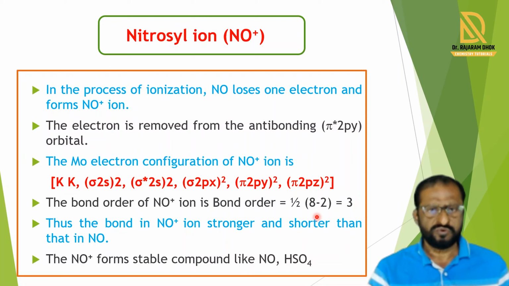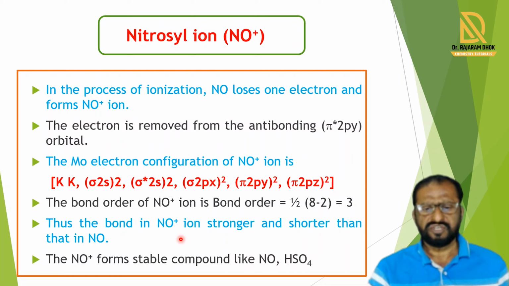So 8 minus 2 divided by 2, and we get the value 3. This value 3 means there are 3 bonds present. One is a sigma bond, and the other two are pi bonds. This means that in the NO molecule one full pi bond and one half pi bond are present, but in the NO plus ion two full pi bonds are present.